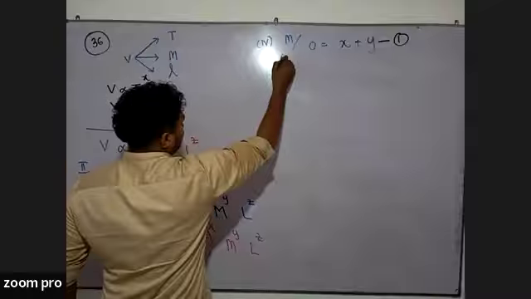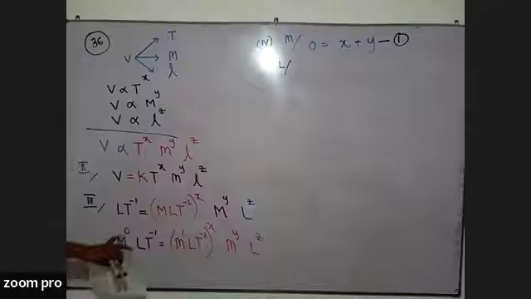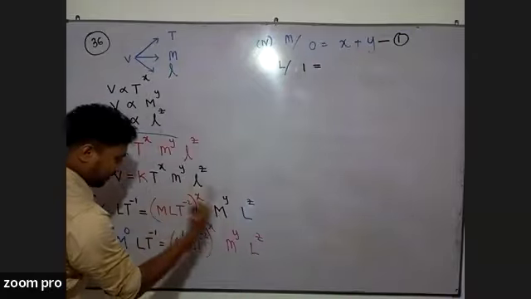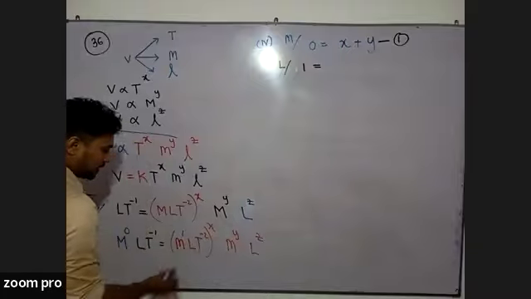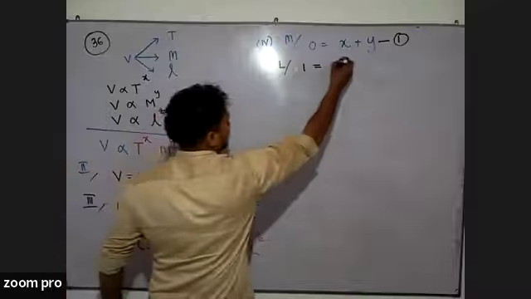Right. Let's move on to the other dimension, that is L. On the left side, the power of L is equal to +1, isn't it? On the right side, you can find L in two positions. Here it is 1 times x, that means x.